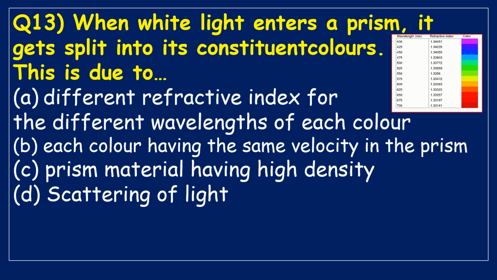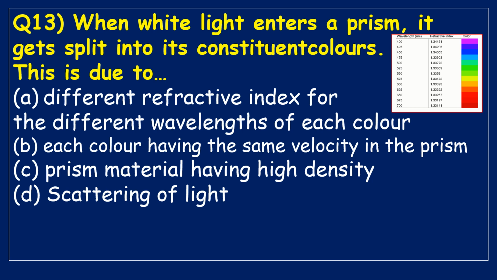Now if you see this picture here, you can see the wavelength as well as the refractive index of a particular color. The wavelength of violet is 400 nanometers and its refractive index is 1.34451.